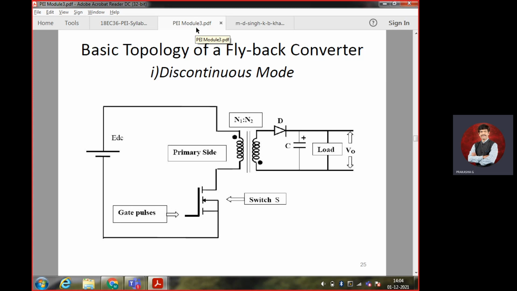It is a transformer which is being given a DC voltage with a switch. Let me take it as a switch instead of a thyristor, with the switch operation by the gate pulse. The transformer is triggered.